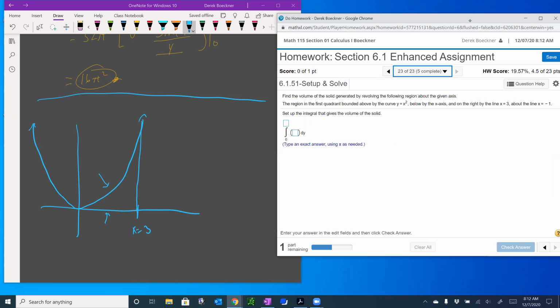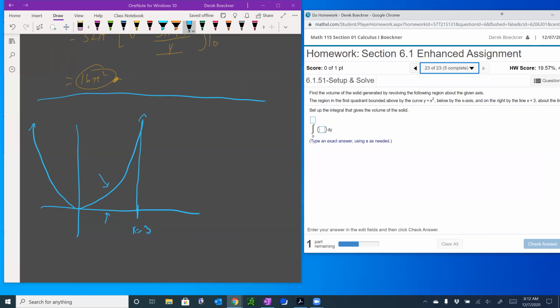And then we're going to revolve it around the line x equals -1. And we only want the volume in the first quadrant to be rotated around there.